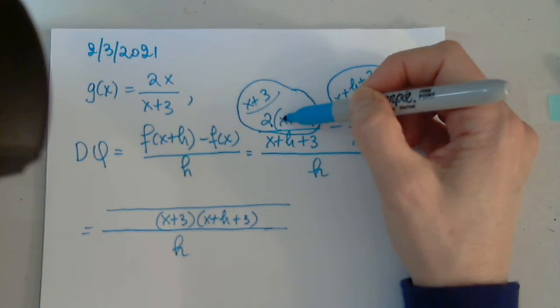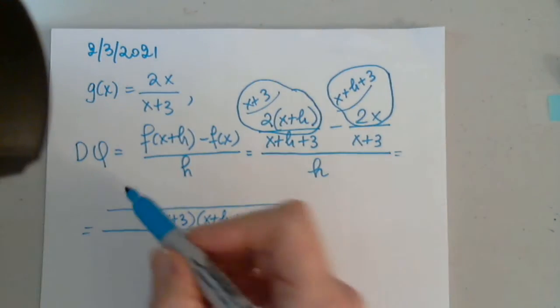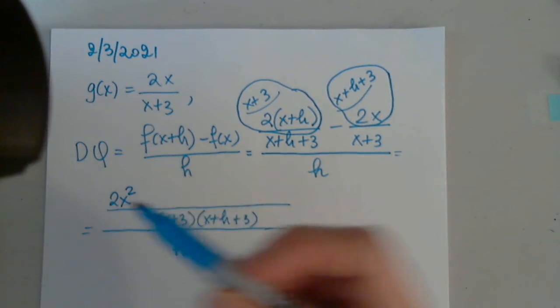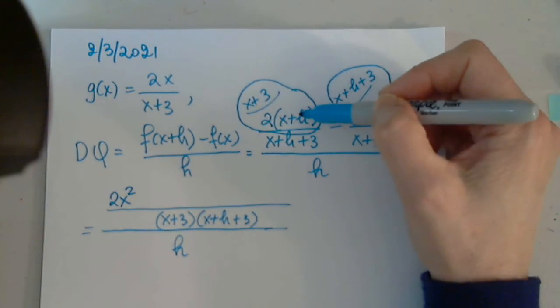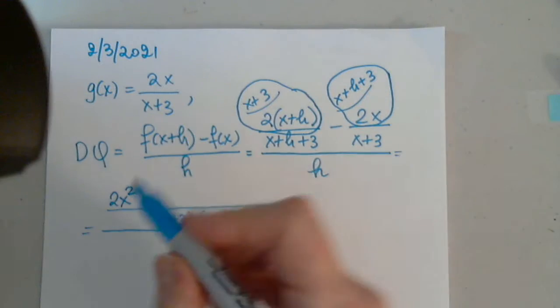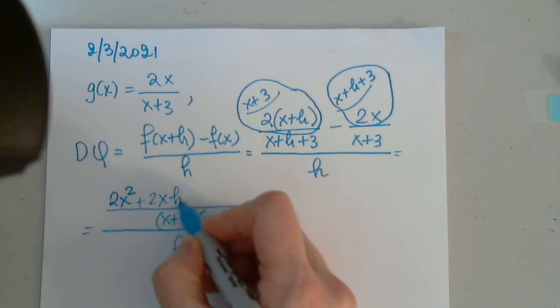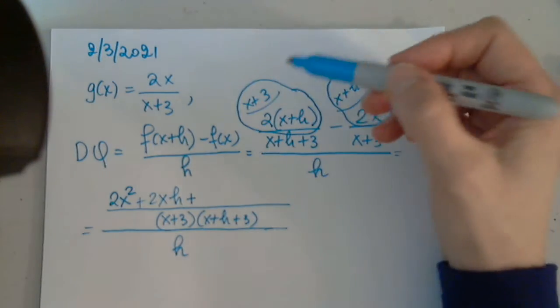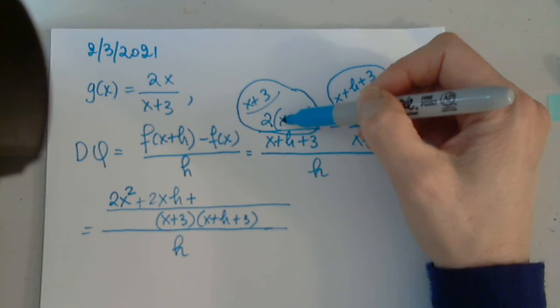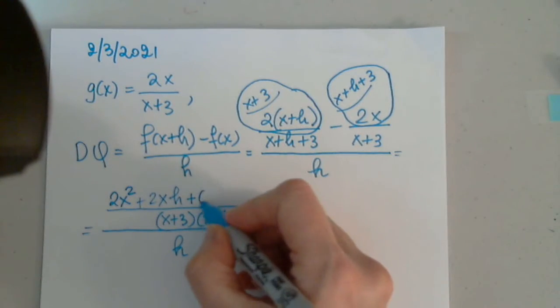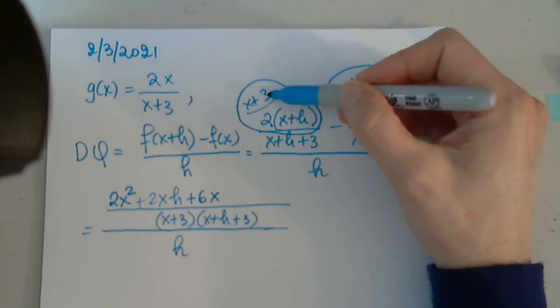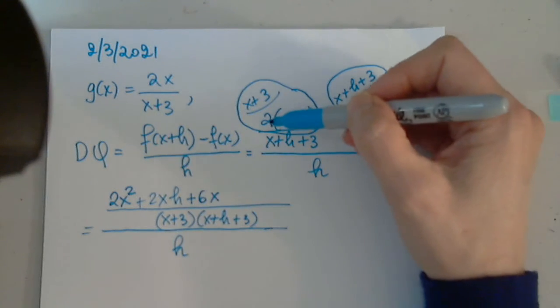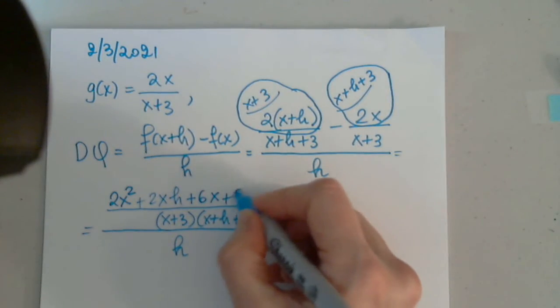So x times x multiplied by 2, 2x squared. X times h, but multiplied by 2, plus 2xh, plus 3 multiplied by x, and then by 2, 6x. 3 multiplied by h, but also by 2. So this is plus 6h.